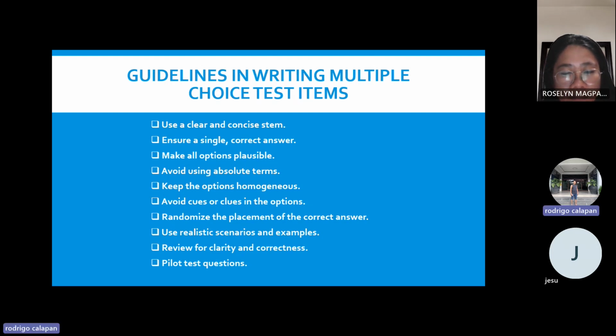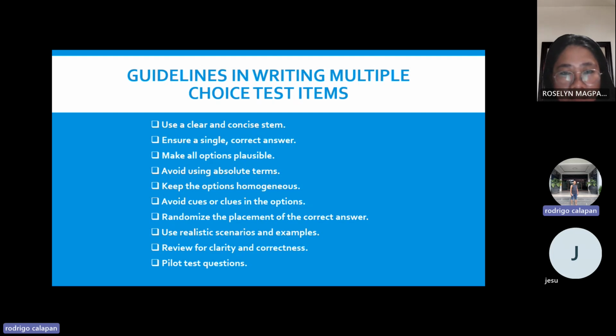The distractors or the incorrect answer choices should be plausible and similar in length and grammatical structure to the correct answer. This will help ensure the students are truly demonstrating their knowledge and not just guessing based on the appearance of the questions.